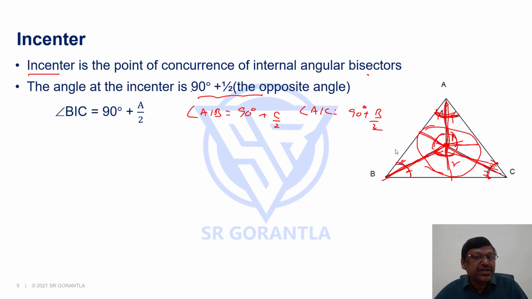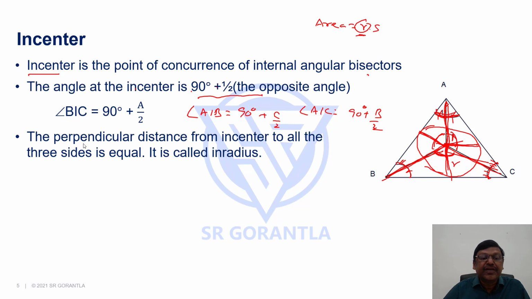In one of the earlier sessions on area of triangles, we discussed that area of a triangle is r into s, where r is the inradius we discussed. This is r. From incenter, the perpendicular distance to any of the three sides is same, that is called inradius. You can see the perpendicular distance from incenter to all the three sides is equal. This is called inradius.